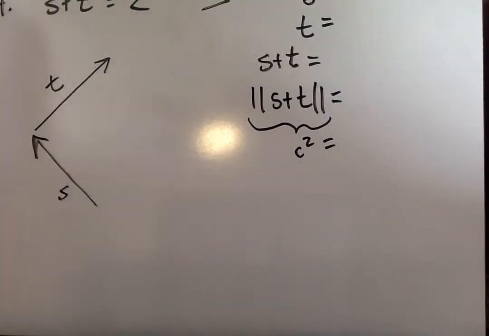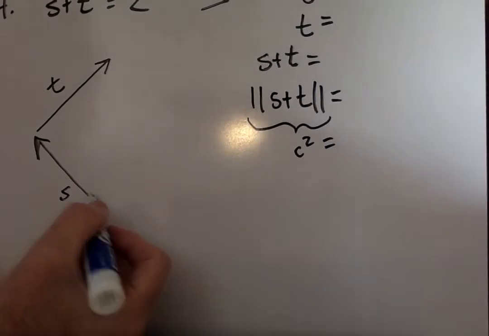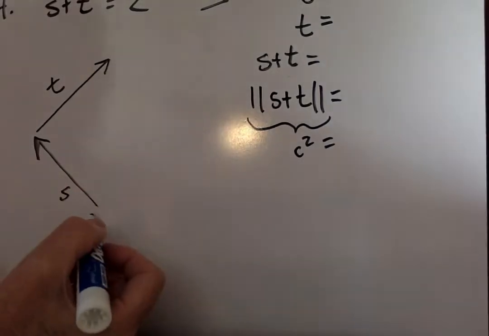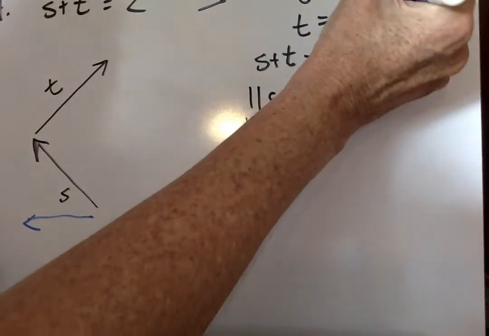Okay, S plus T. All right, so we can't just say S is 7, -4, because that would be incorrect. So we have to say, where does it start and where does it end up? Okay, so we're going left, so our first number has to be a negative.